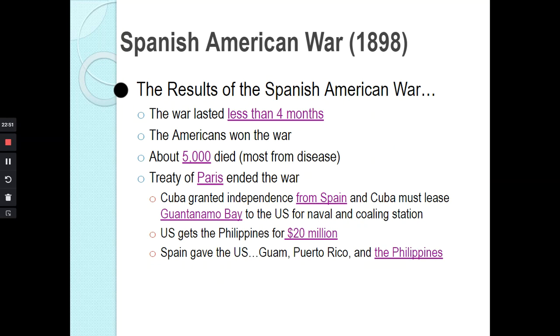Cuba is granted independence, and we lease Guantanamo Bay, which is very controversial to this day because, of course, we still own Guantanamo Bay in Cuba to this day. We also get the Philippines for $20 million, and Spain gives us Guam, Puerto Rico, and the Philippines.